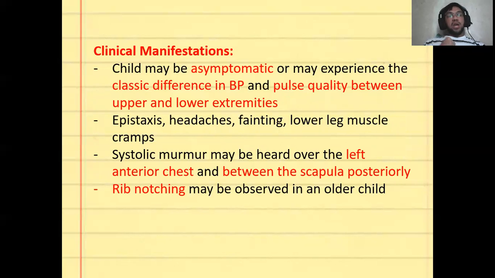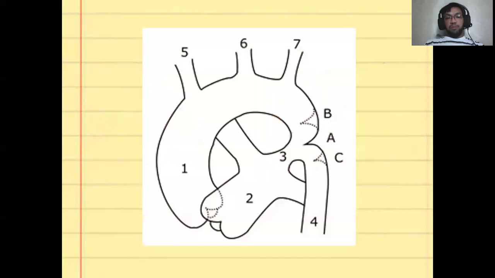If there is a difference between the blood pressure of the upper extremities and the lower extremities, the upper extremity usually has increased blood pressure, while the lower extremity has decreased blood pressure.